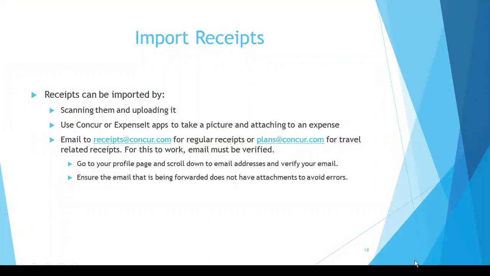So to import the receipts, there's multiple ways you can do it. One is scanning and uploading it. Another is you can have the Concur and Expense apps, especially the Expense app, where it actually analyzes the receipts and can pull out the pertinent information from the receipt, such as the date, the amount, and the name of the place where you had that expense.